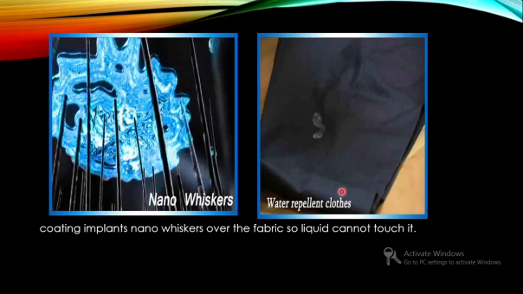So you can think of nanofibers on textiles. These are called nano whiskers. The water will not be able to wet the textile or the cloth. So any dirt present on the cloth will be easily taken away by the rolling of water.